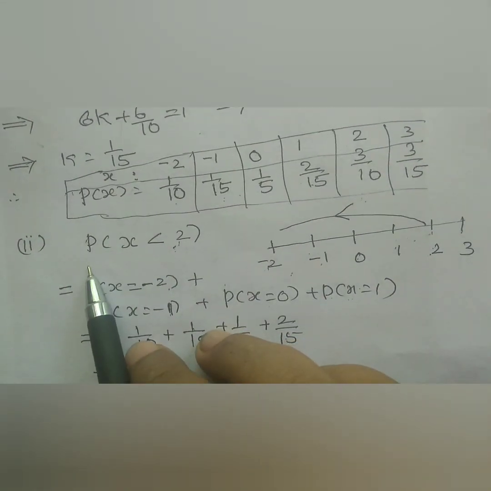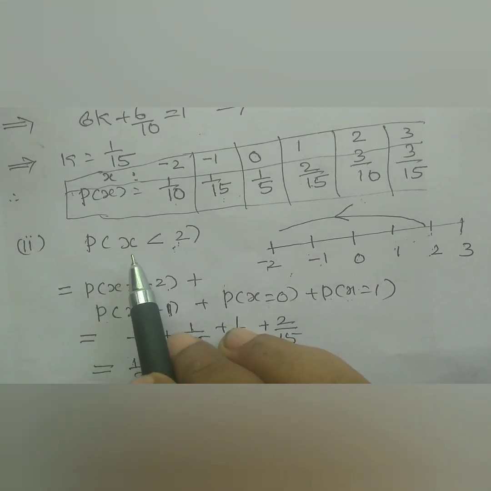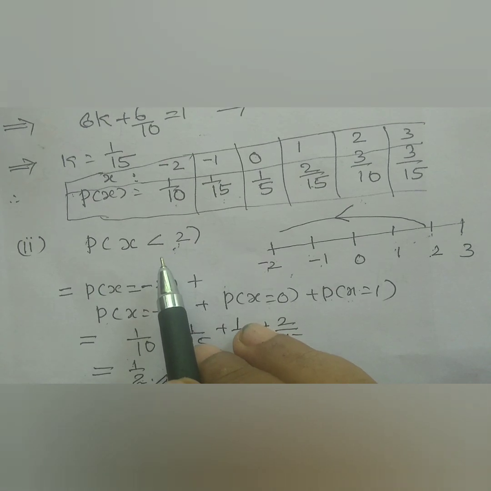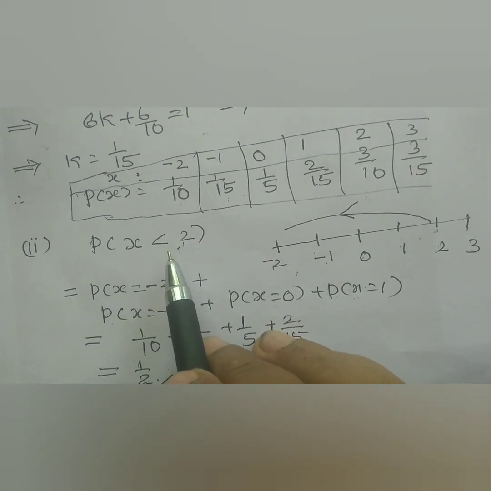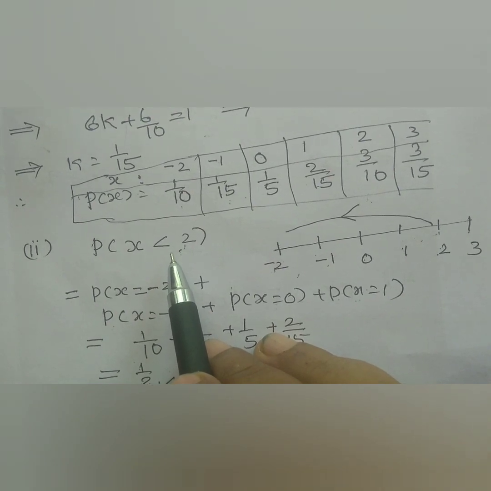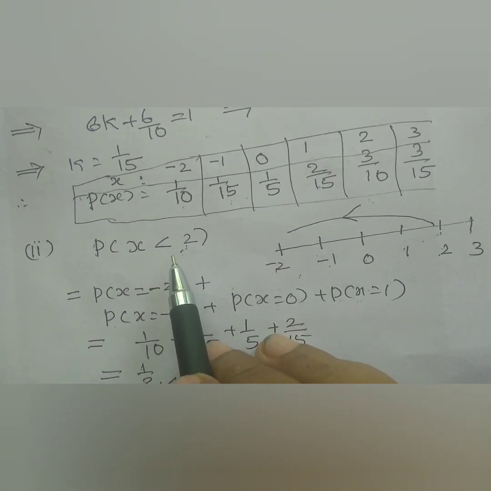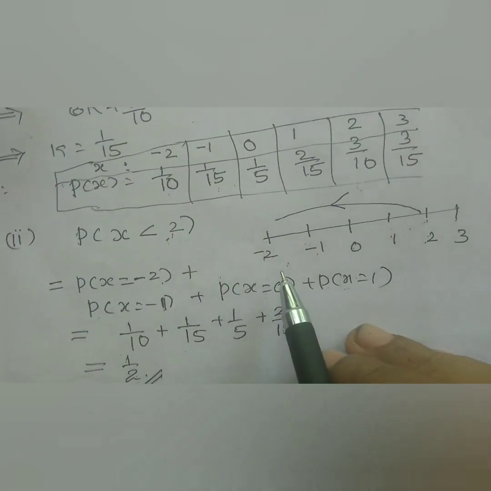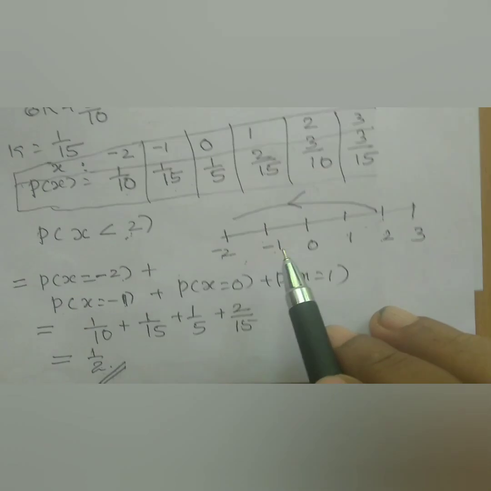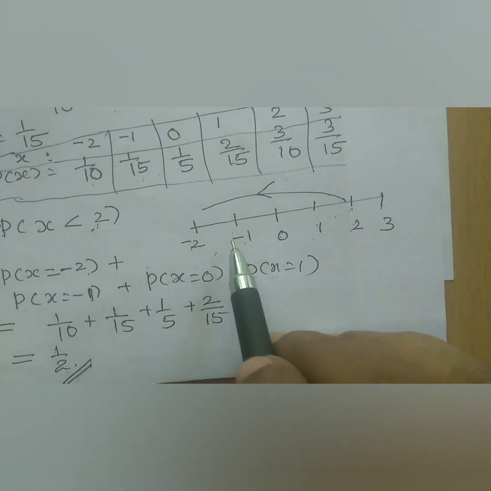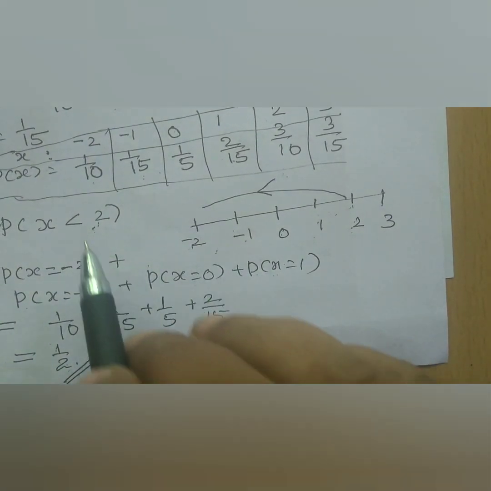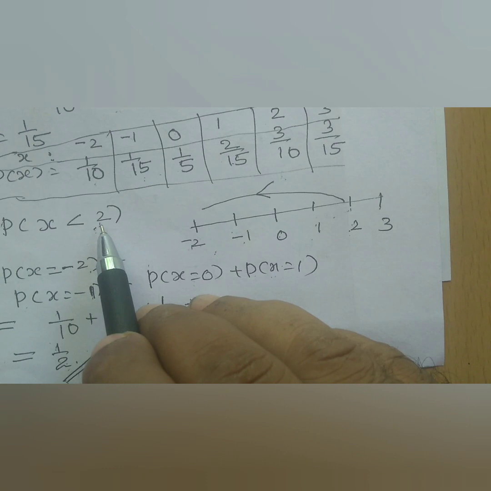So what is the second part, that is P of x less than 2. P of x less than 2 means here 2 is not included. All the values less than 2. So total we have 6 values: x is equal to minus 2, minus 1, 0, 1, 2, 3. Out of the 6 values, we need the values less than 2.